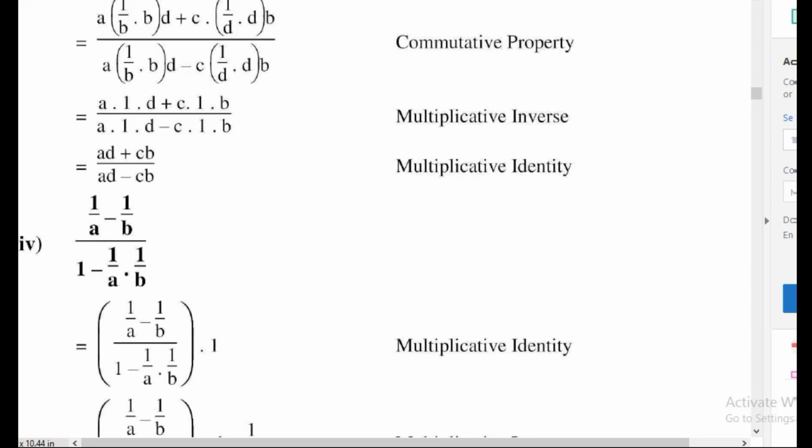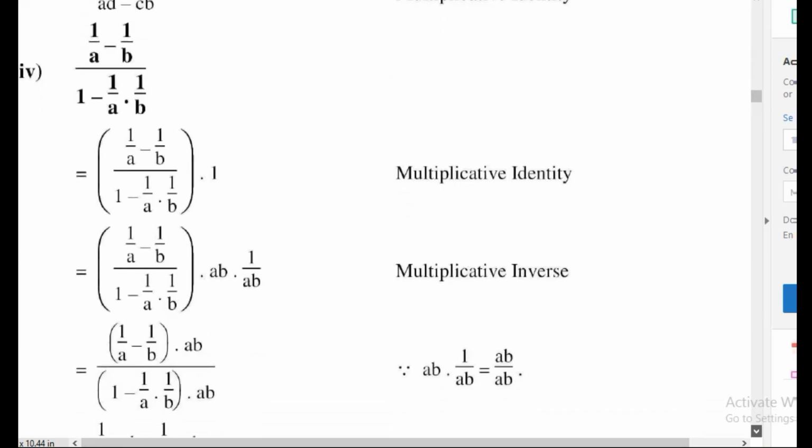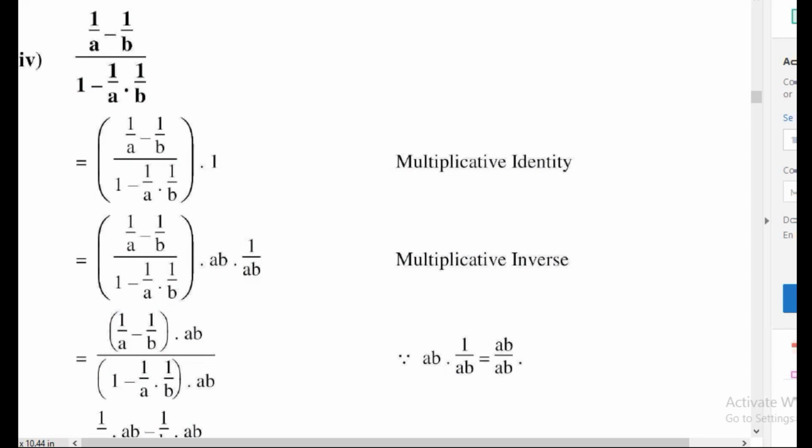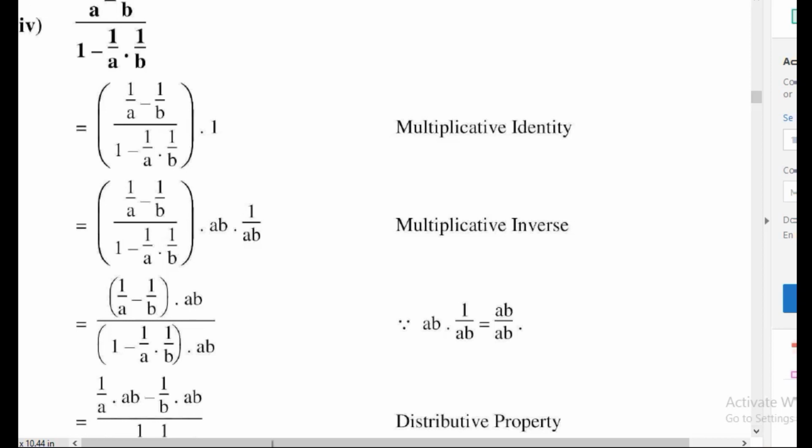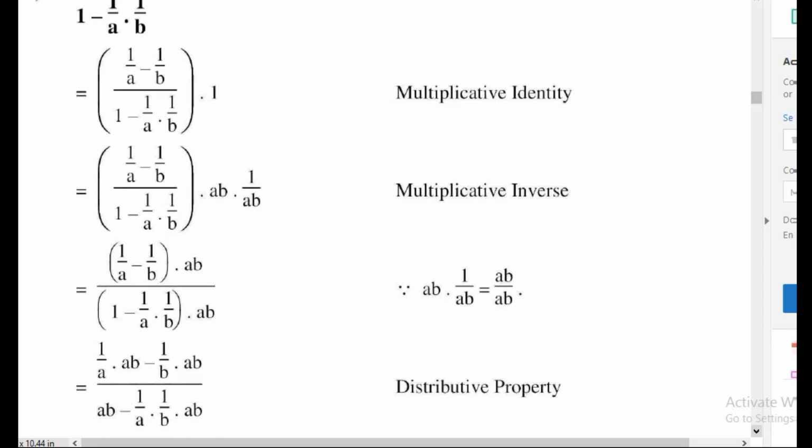So 1 is the multiplicative identity, and the LCM of a and b is ab, so the multiplicative inverse of ab is 1/ab. Multiplying by ab above and below the fraction: 1/a dot ab minus 1/b dot ab, divided by 1 multiplied by ab minus 1/a dot 1/b multiplied by ab.